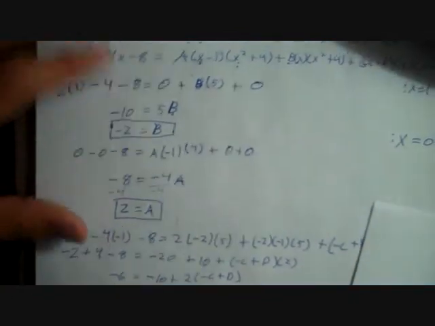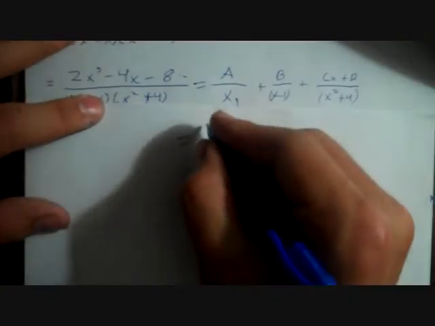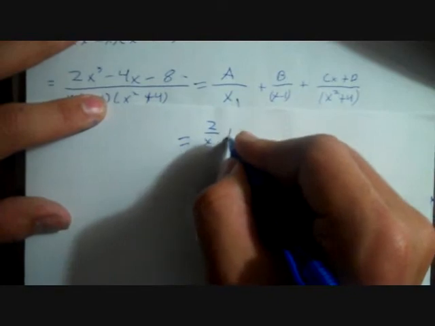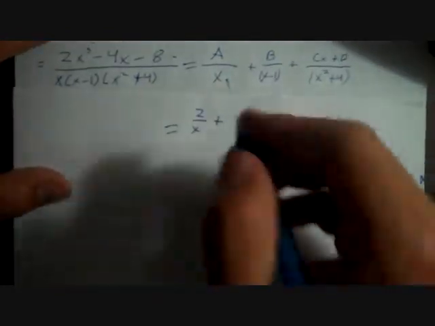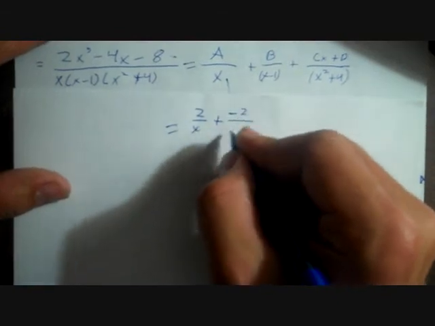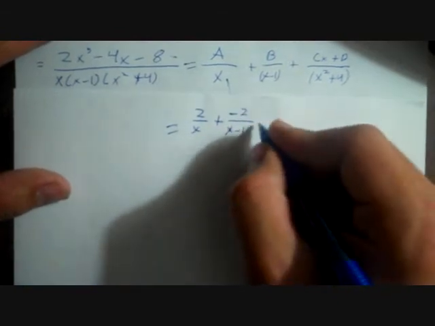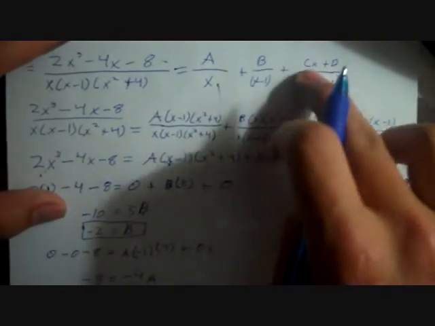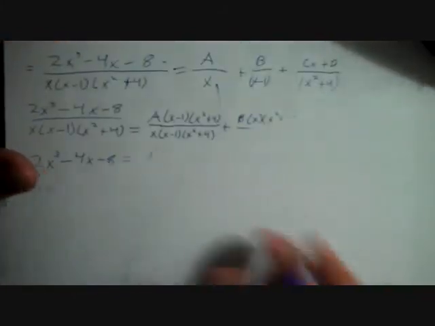So let's go back to our original equation here. So a, like we said, equals 2. We showed that here. So a equals 2, so 2 over x plus b equals negative 2, plus negative 2 over x minus 1, plus c and d equal 2 and 4 respectively.